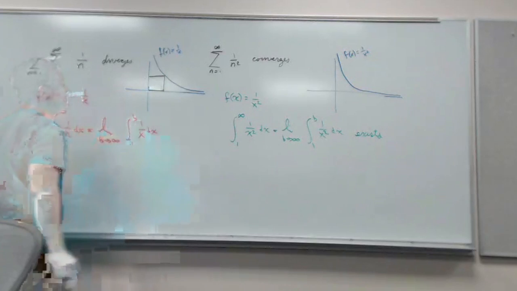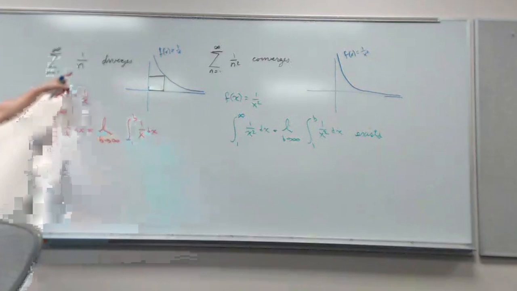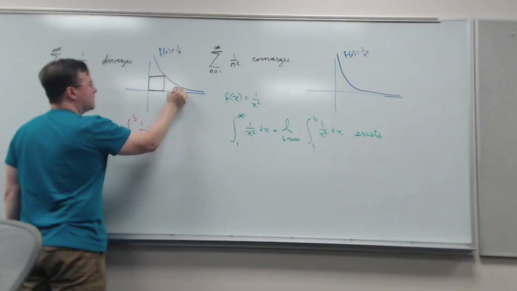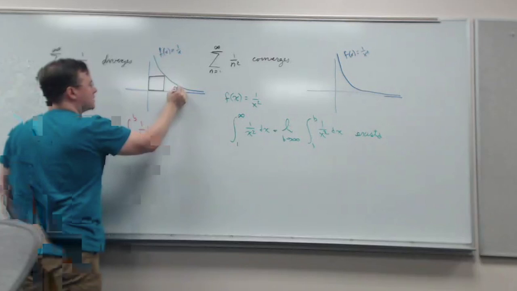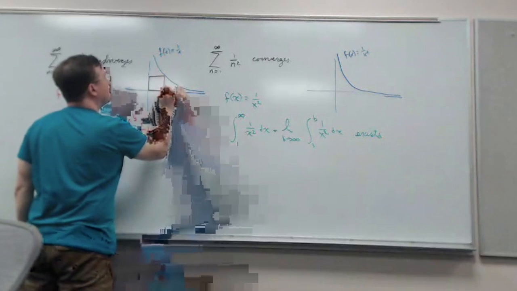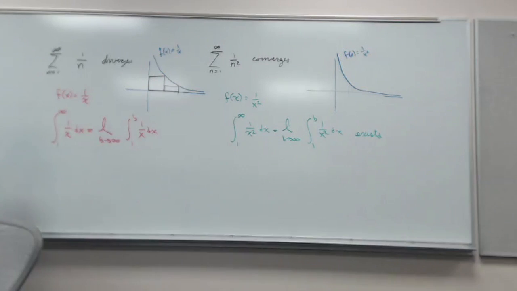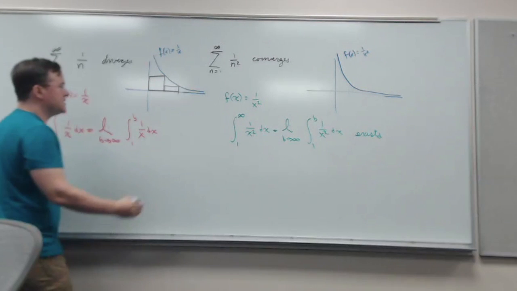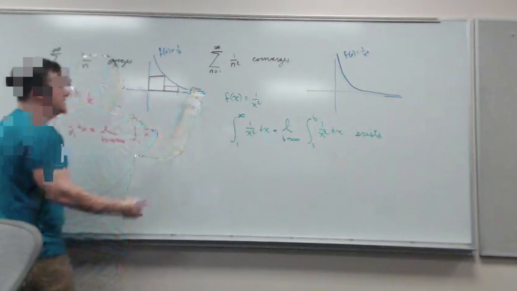The second term could be represented by plugging 2 into this function, getting a half, and then drawing a box right here, right? And likewise, at 3 I have a box, at 4 I have another box, right? And so the series is really the combined total of all those boxes.